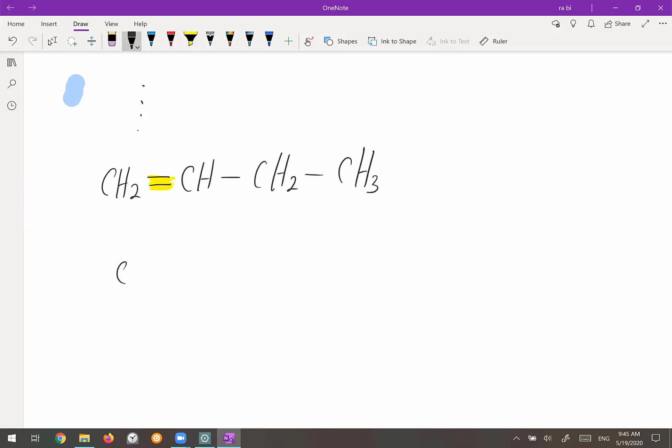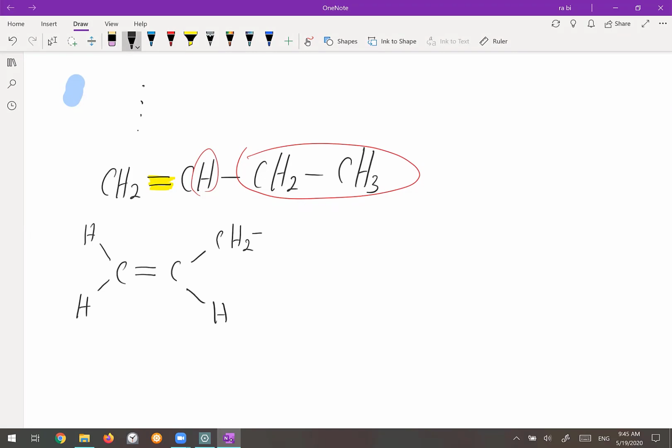The carbon at the left side has 2 hydrogens, then double bond. The carbon at the right, what groups are connected to it? 1 hydrogen and 1 ethyl group, CH2, CH3. So you can see for the carbon at the left side, 2 identical groups are bonded to that.